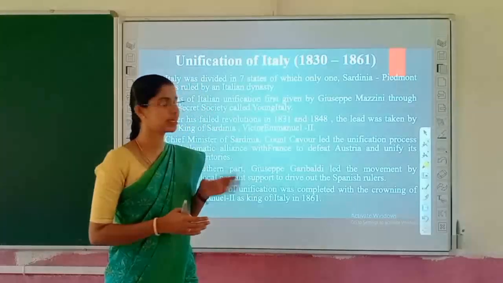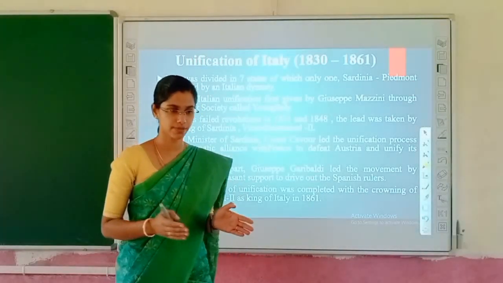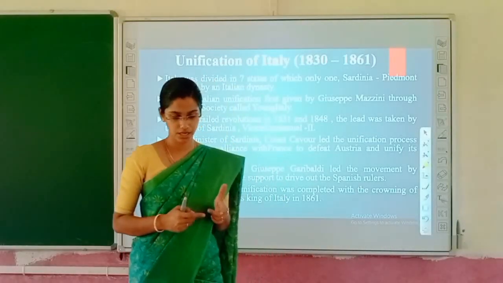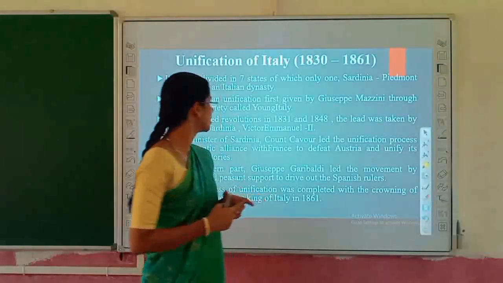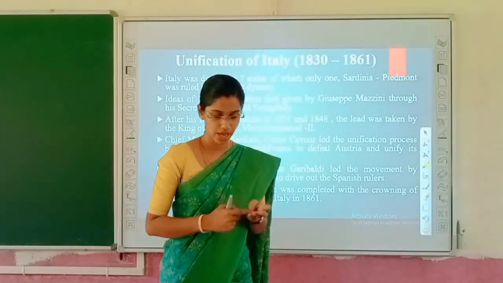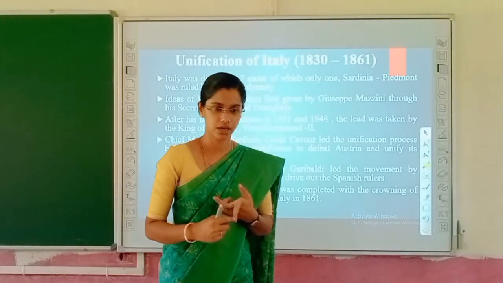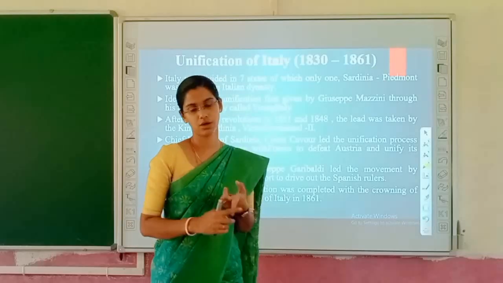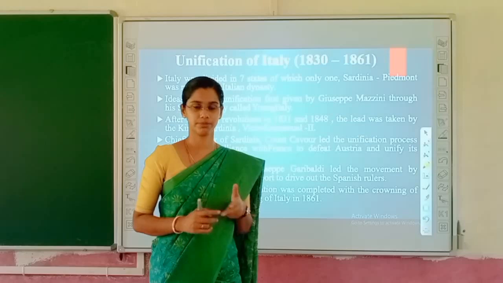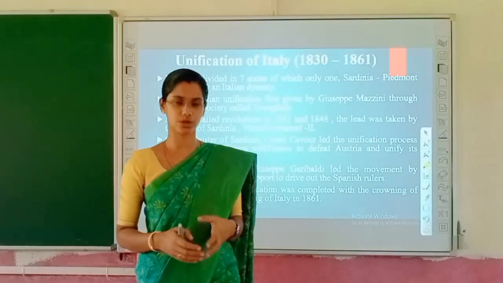In the middle of the 19th century, Italy was divided into 7 states. One of them, a settlement, was controlled by the Italian princely states, the northern area was controlled by the Austrian Habsburg dynasty, the central area was ruled by the Pope, and the southern area was controlled by the Bourbon kings of Spain.